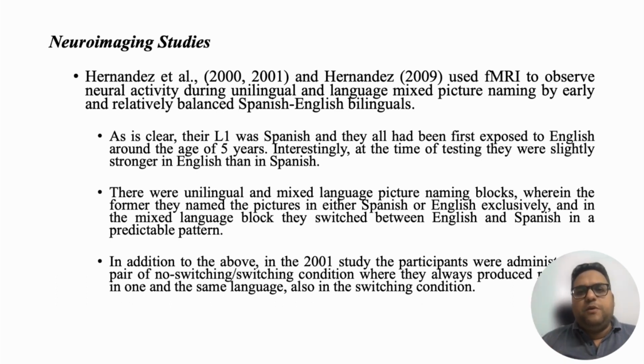In addition, in the 2001 study, the participants were administered a pair of non-switching and switching conditions where they always produced the responses in one and the same language, also in the switching condition. So this is a within-language task switching kind of scenario.